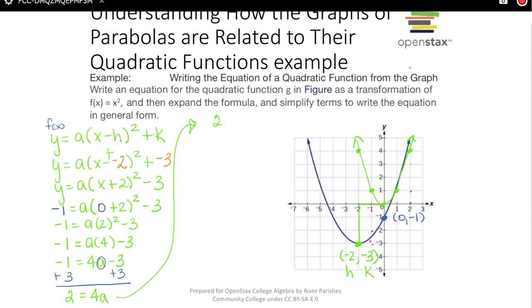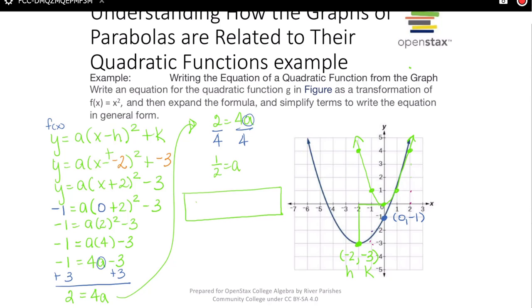And so I have 2 equals 4a. And again, I want to get the a by itself. So what am I going to do? I'm going to divide both sides by 4. And I get 1/2 equals a.